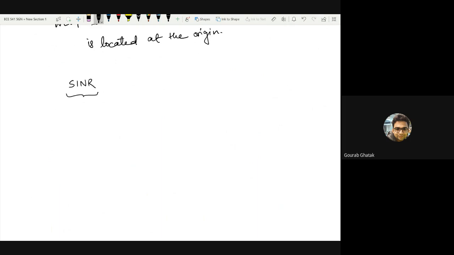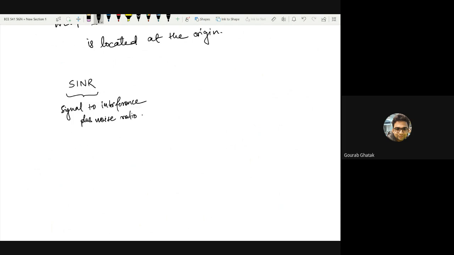I had already defined it in the last class, which is the signal to interference plus noise ratio. In many texts of stochastic geometry, you would find it written as SNIR, which is signal to noise and interference ratio, but it's basically the same thing, right?